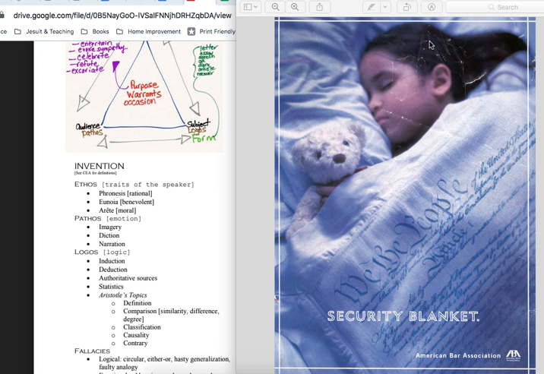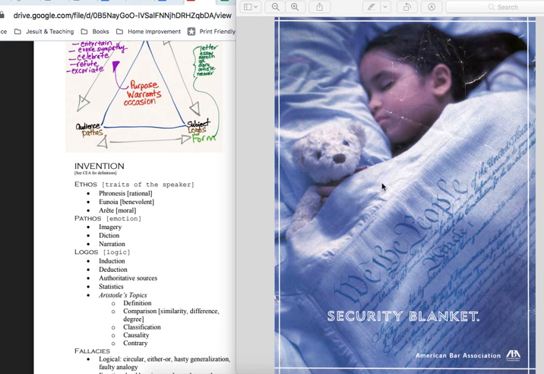The age of the child: this is a young child, probably 5 or something like that. This image is very emotional with the teddy bear, and notice the fingers on the teddy bear, holding the teddy bear. This is pathos. This is an emotional image of innocence and vulnerability and protection and love.